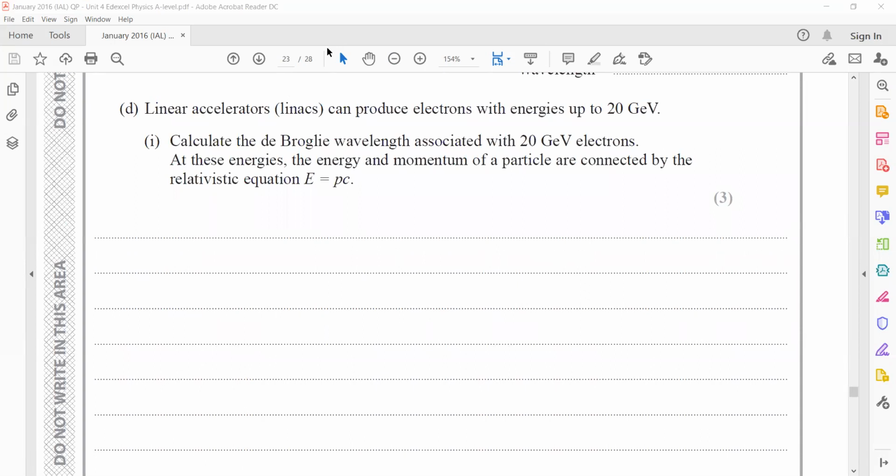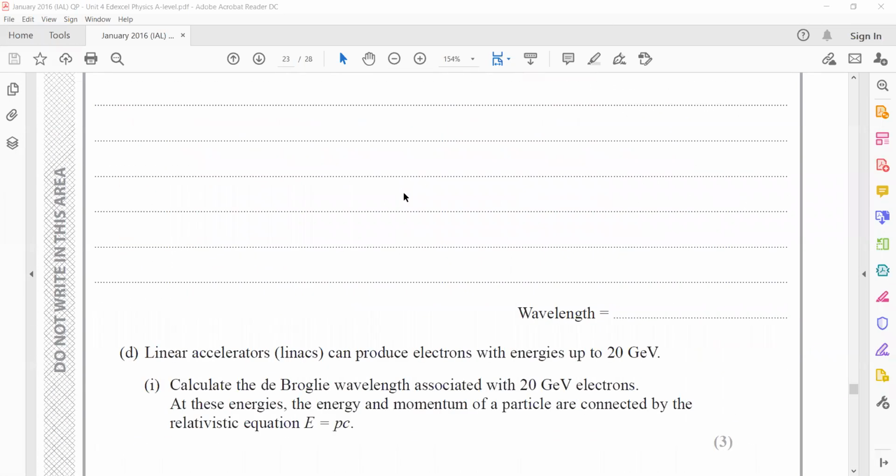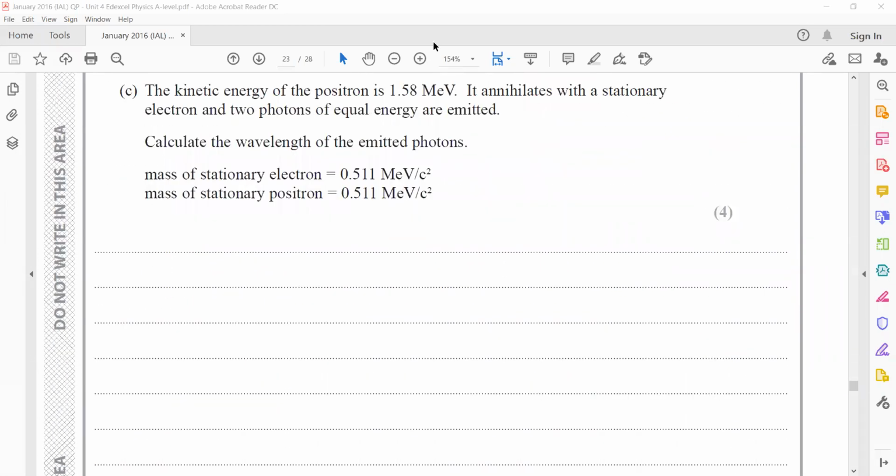In a linear particle accelerator, or linear accelerator, LINAC can produce electron energy up to 620 giga electron volt. Yes, the mass of electron. What is the advantage of representing the mass in this manner? So that we know the equivalent energy released by this particle.